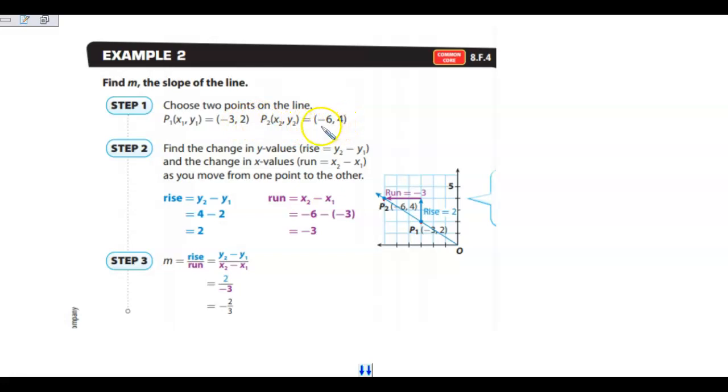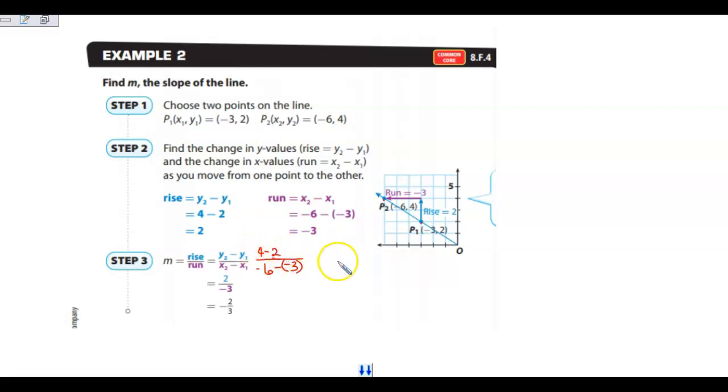And we're going to find the change in those values. So we're going to take 4 minus 2 over the difference of our x values. We're going to take negative 6 minus negative 3.